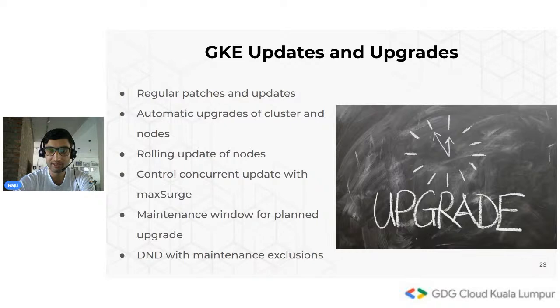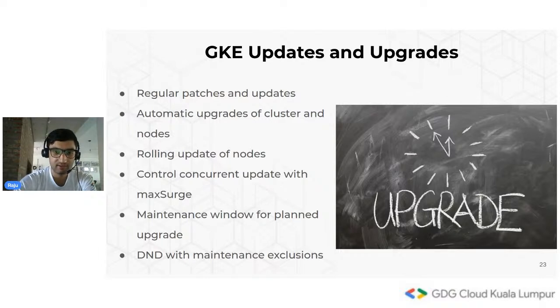So it's not the case that we delete all the nodes and just create newer nodes. That would cause downtime, right? And what is the number of nodes that is going to be down at a specific point in time when there are upgrades and the newer nodes are going to replace them, right?